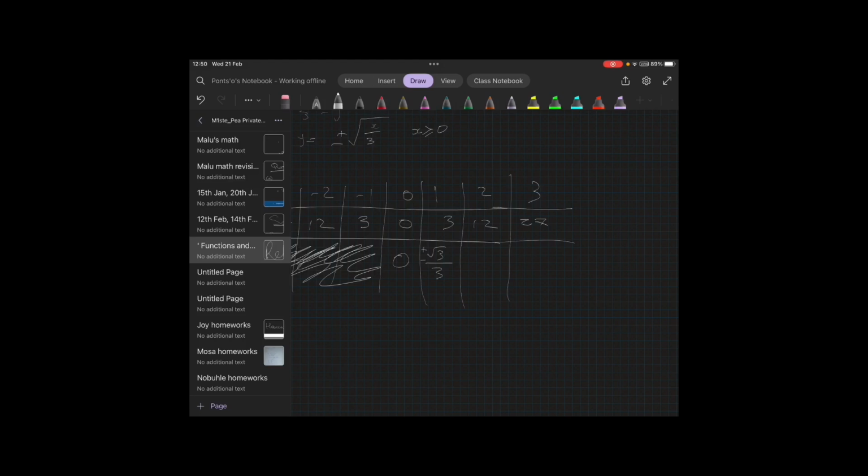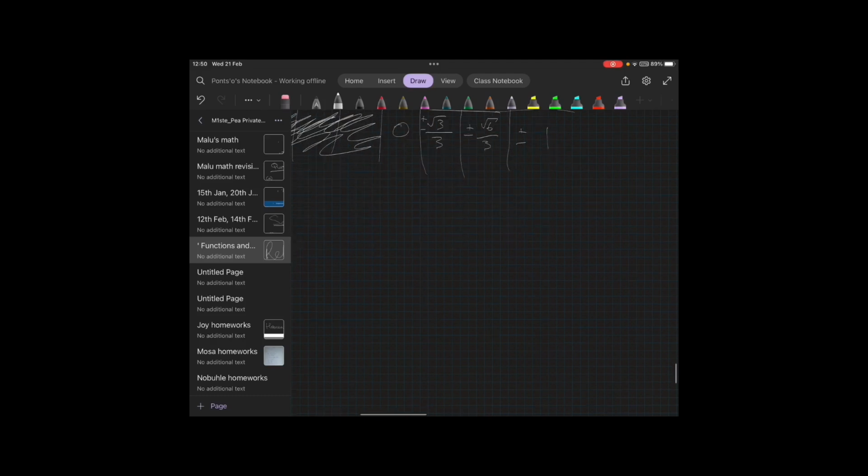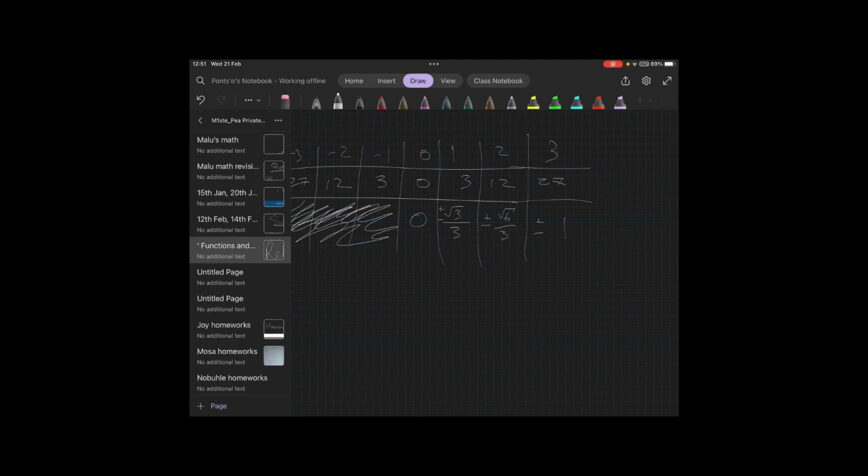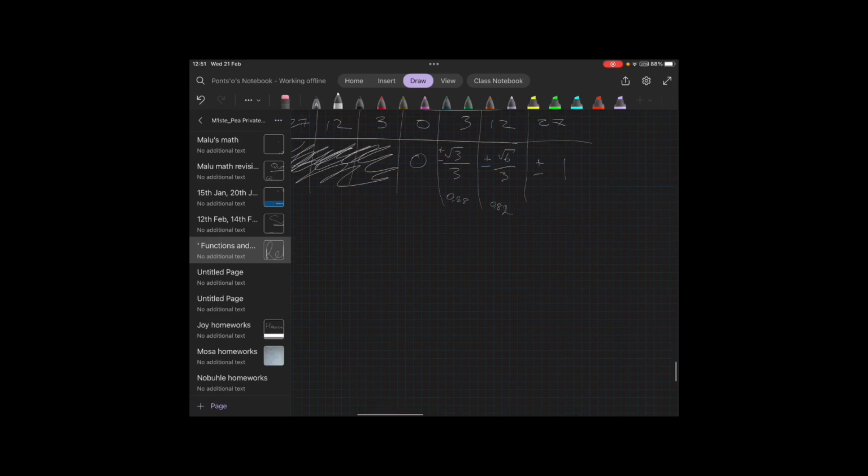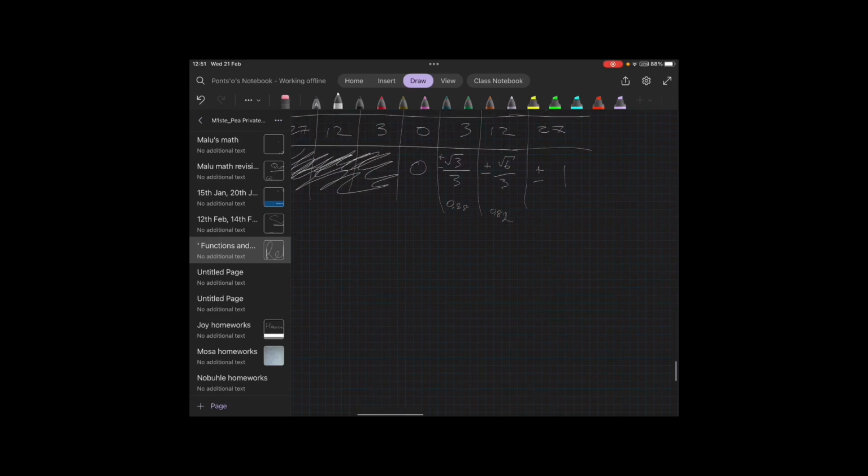It's plus minus root 3 over 3. And when it's 2? Root 6 over 3. Okay. And then the third case? Just 1. Alright. And then for plus minus root 6 over 3, it's 0.82. Okay, for the first one, it's root 3 over 3, which is 0.58. Okay, great.